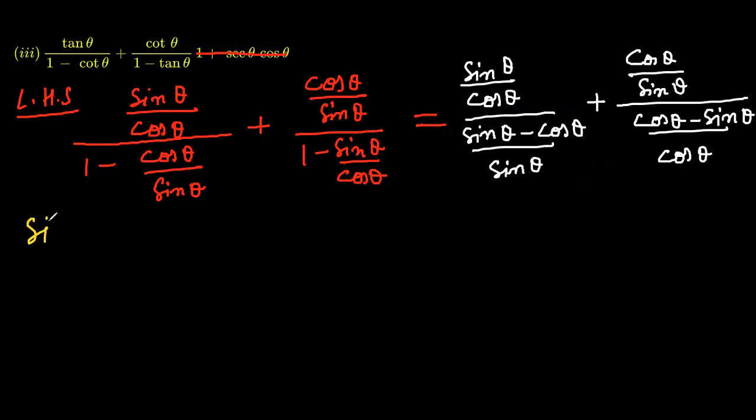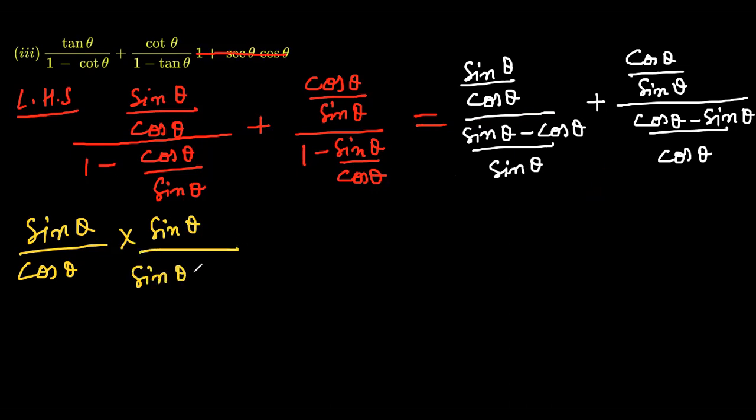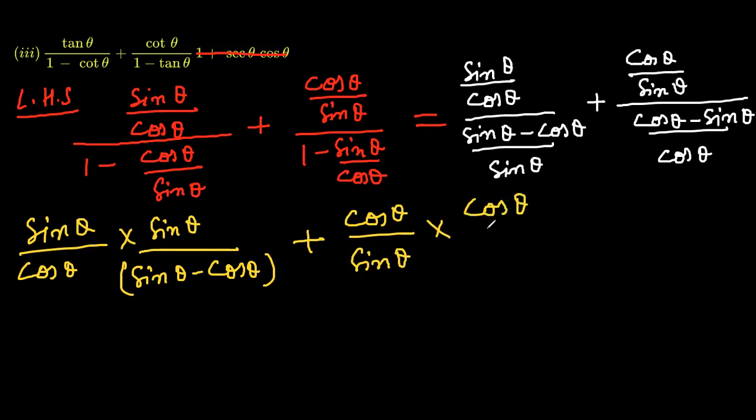That means sine theta by cos theta as it is, and this expression up there, sine theta goes in the numerator and in denominator sine theta minus cos theta. Okay, and plus same with this fraction also, cos theta by sine theta, and upside down, so cos theta and cos theta minus sine theta.